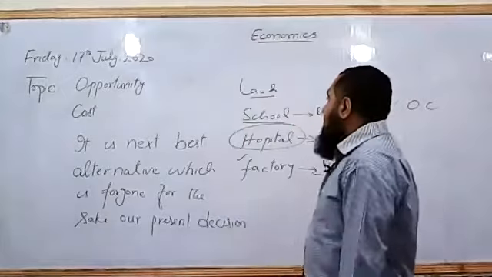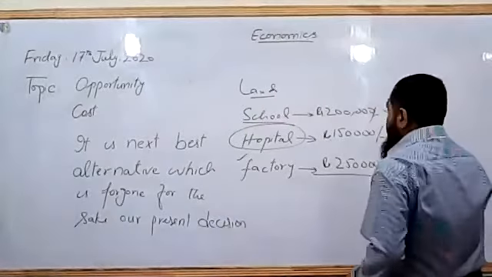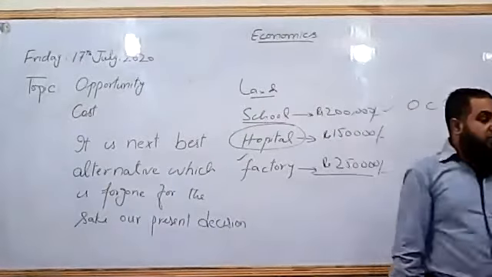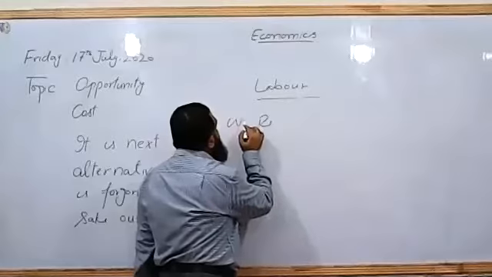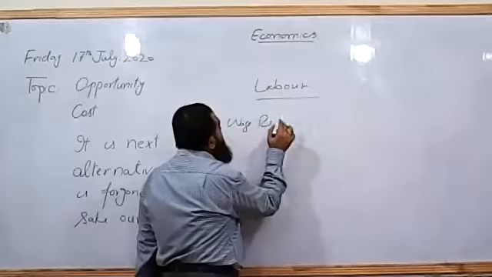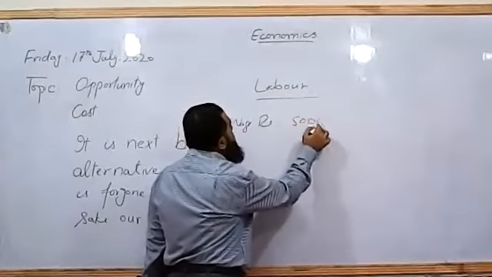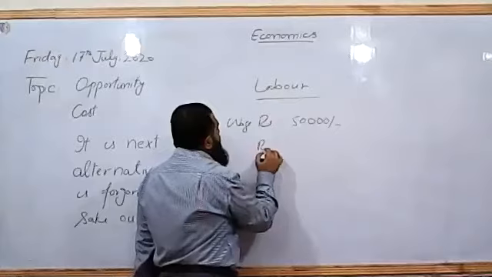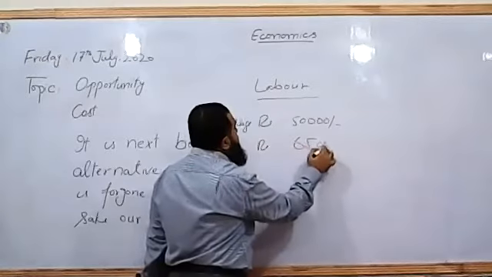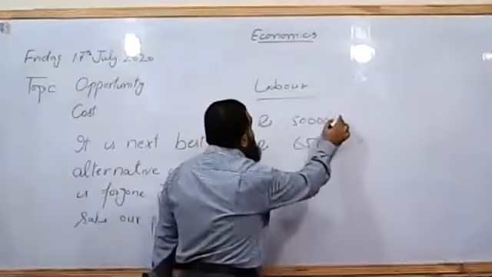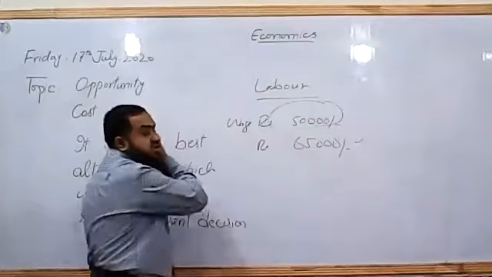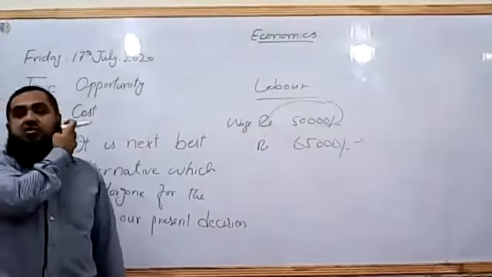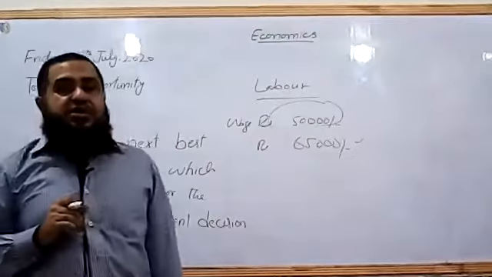Same is the case for workers, the labor force, who also face opportunity cost. Suppose his wage is 50,000 rupees, and another employer will give him 65,000. If he joins, the present choice will be the opportunity cost. So workers face opportunity cost.